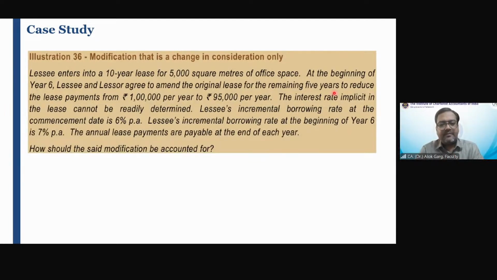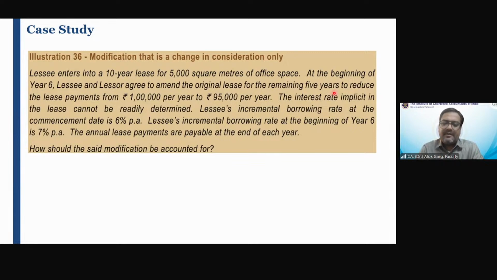Yes or no? No, sir. If you have property, plant and equipment with a carrying value of rupees 1 lakh, can you depreciate it by more than 1 lakh? Of course not. An asset cannot be depreciated beyond its carrying value.